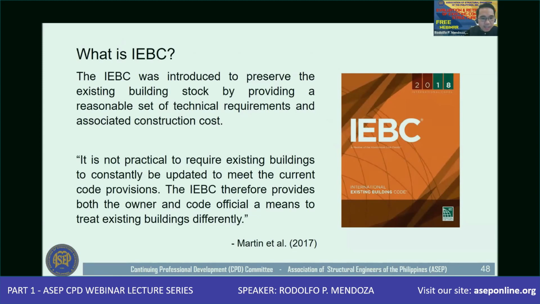Martin et al. put it that it is not really practical to require buildings to be constantly updated to meet current code provisions. And so the objective of the IEBC is to provide some flexibility for the owners as well as the code official by allowing them to treat existing buildings differently.